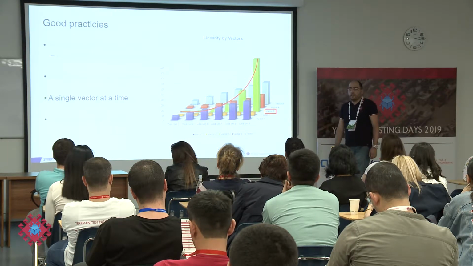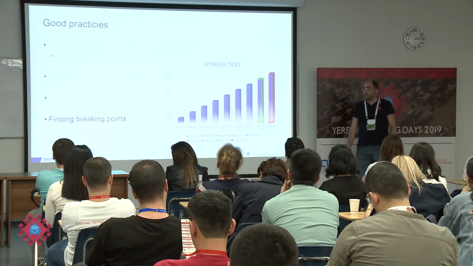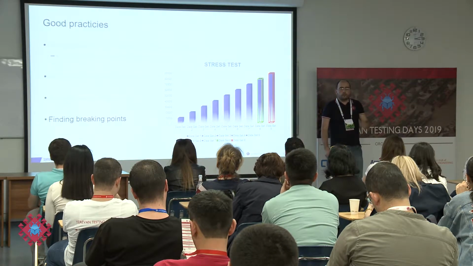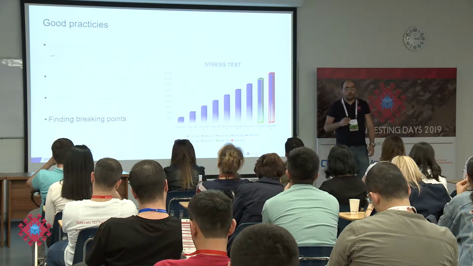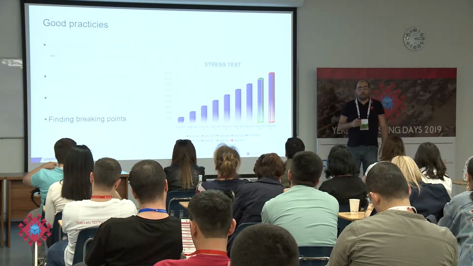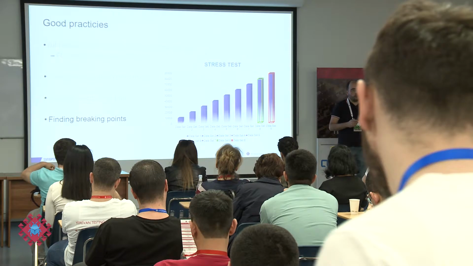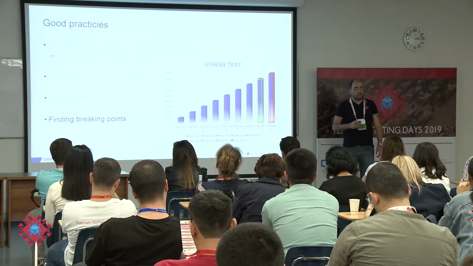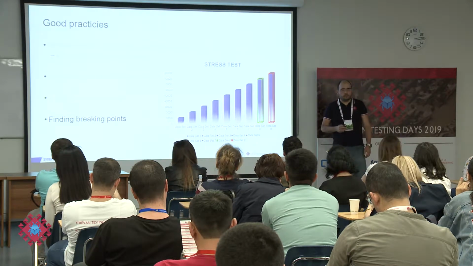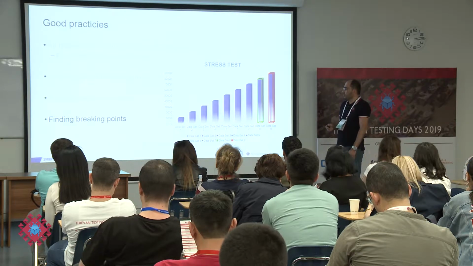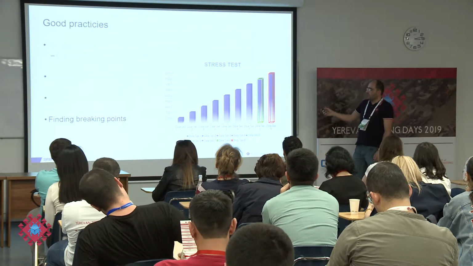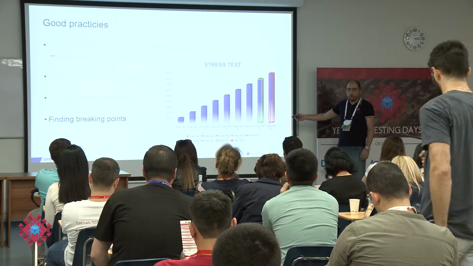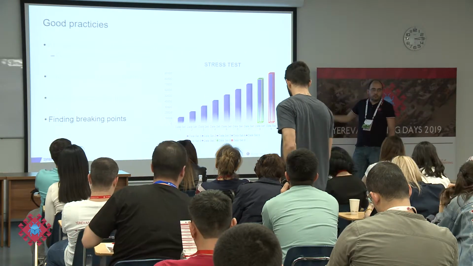Another good practice we are applying is regarding breaking points. Especially for some vectors, we don't know exactly when to expect a breaking point, because it's not clearly defined in the requirements for some cases. That is why, and this chart is a kind of continuation of the previous one, we continue growing the load until we break the system.